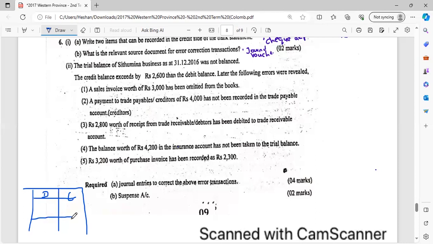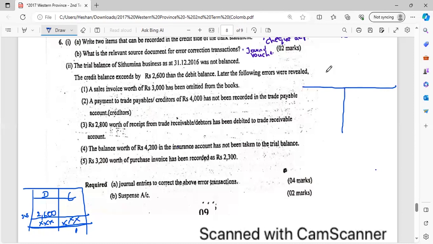ඒ කියන්නේ අපි මේක balance කරන වෙලාවේ මේ පැත්ත 2,600 වැඩි වුණා. I think you can remember what we need to do. So we need to write 2,600 to debit side and write it as trial suspense account. Then we can tally the trial balance because now credit side is higher. So we need to open a suspense account.